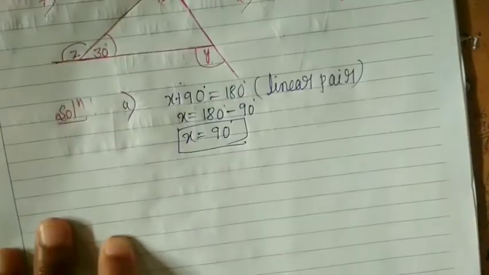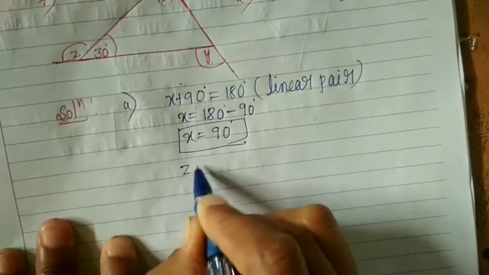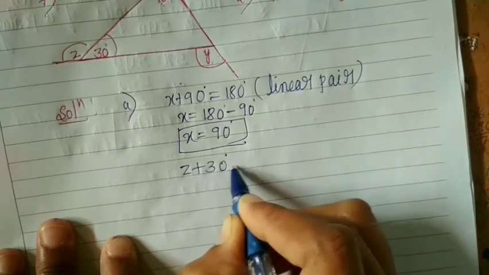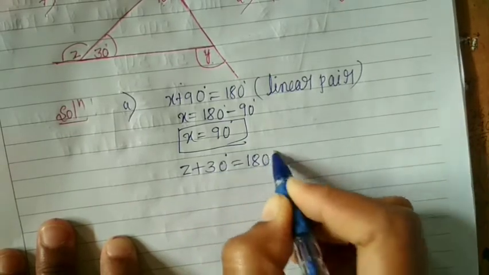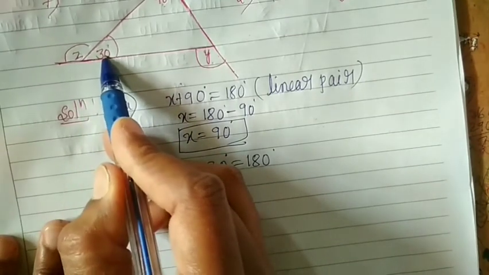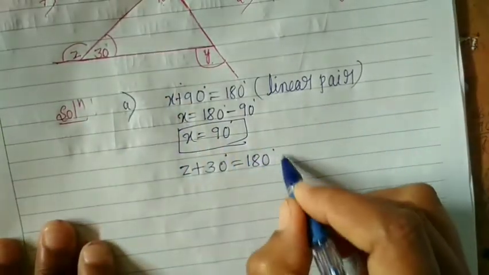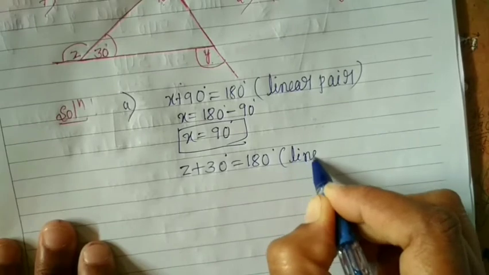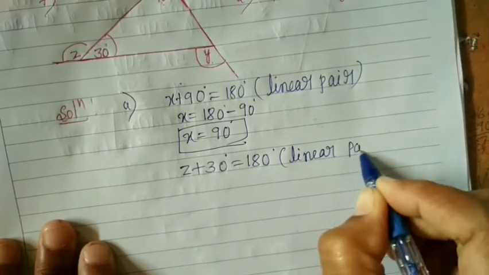Next, z plus 30 degree is equal to 180 degree. Look at this figure. Z plus 30 degree is equal to 180 degree, linear pair.